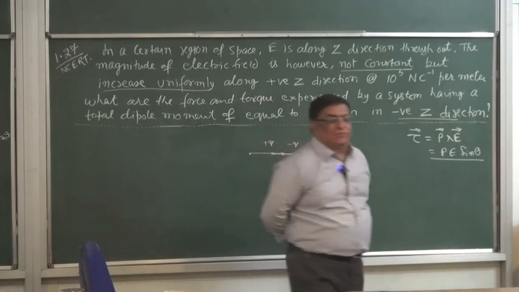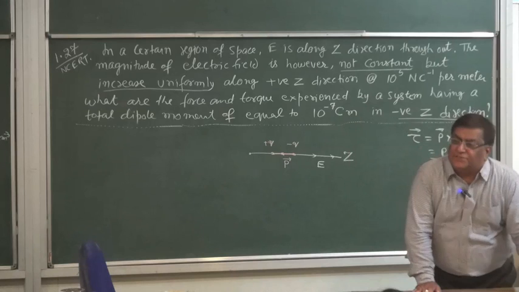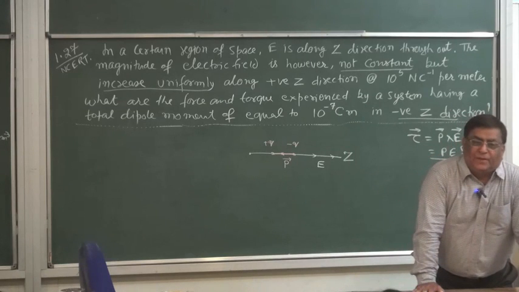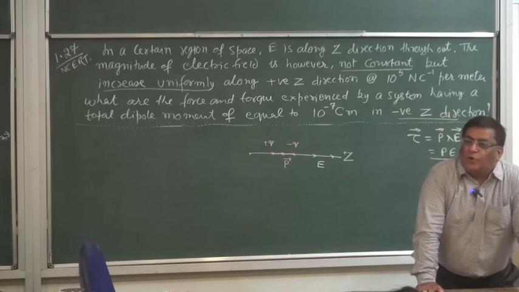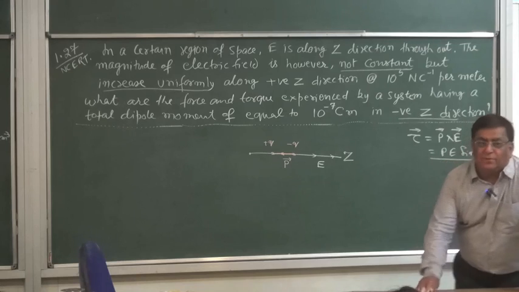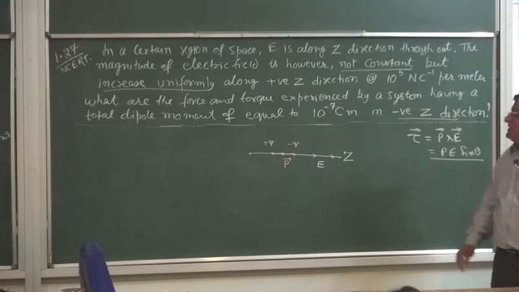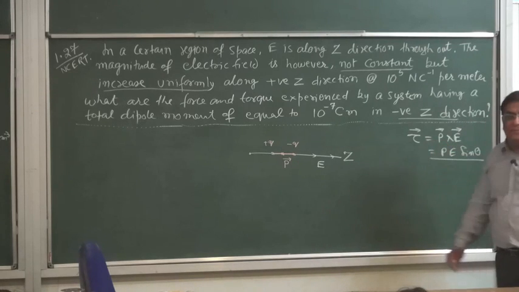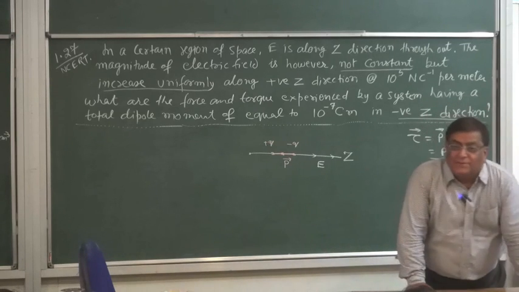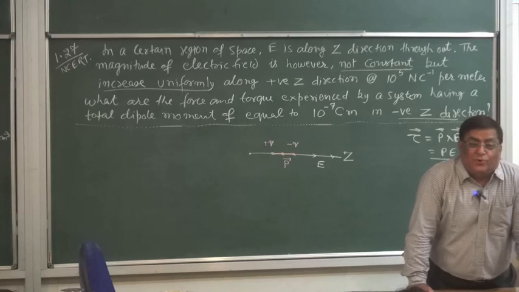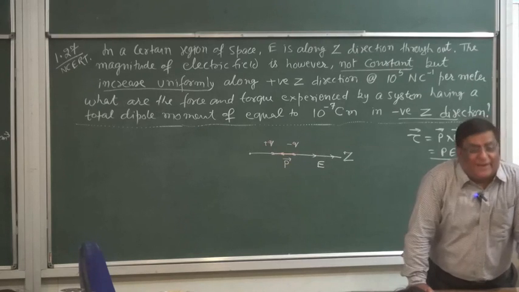Okay, now my next question is, in which situation torque is zero? If P is not zero, if E is not zero, then how torque can be zero? Theta. How much should be theta so that torque is zero? नहीं, 90 में तो फुल हो गया. और बोलो 180.